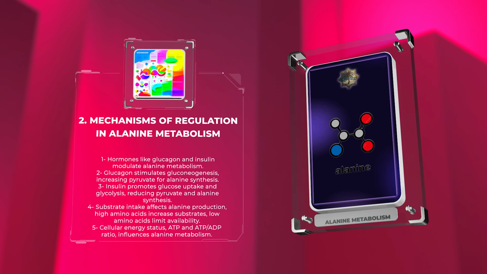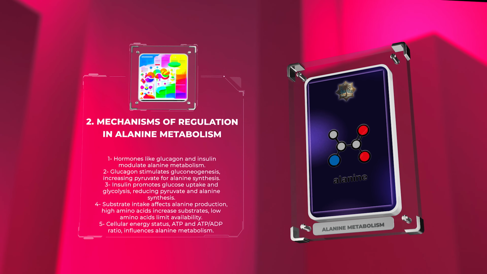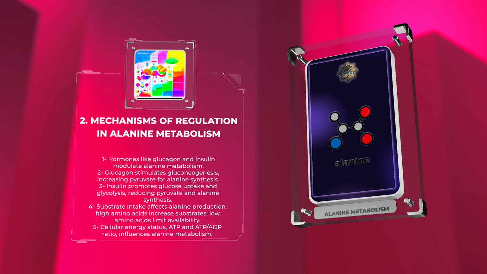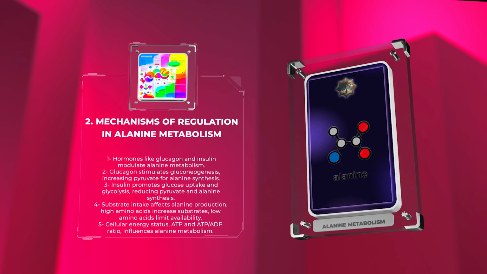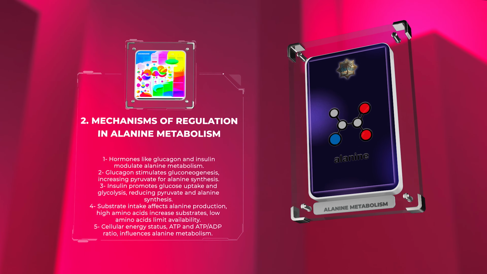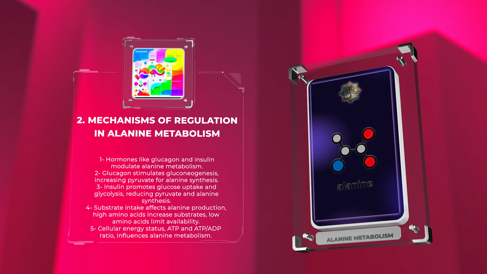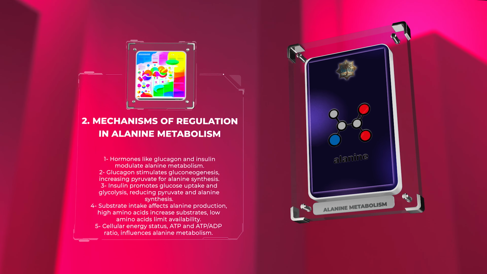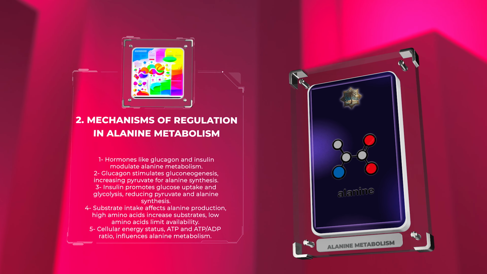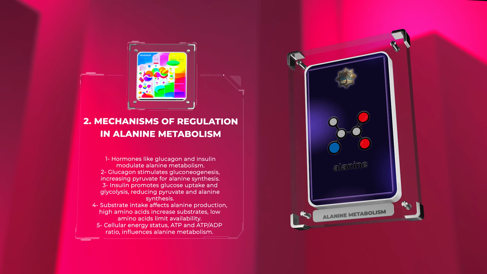Substrate intake affects alanine production, with high amino acids increasing substrates and low amino acids limiting availability. Cellular energy status, indicated by ATP and the ATP/ADP ratio, influences alanine metabolism. High ATP levels favor pyruvate conversion to alanine, while a low ATP/ADP ratio shifts metabolism. These mechanisms ensure balanced amino acid supply and metabolic demands.